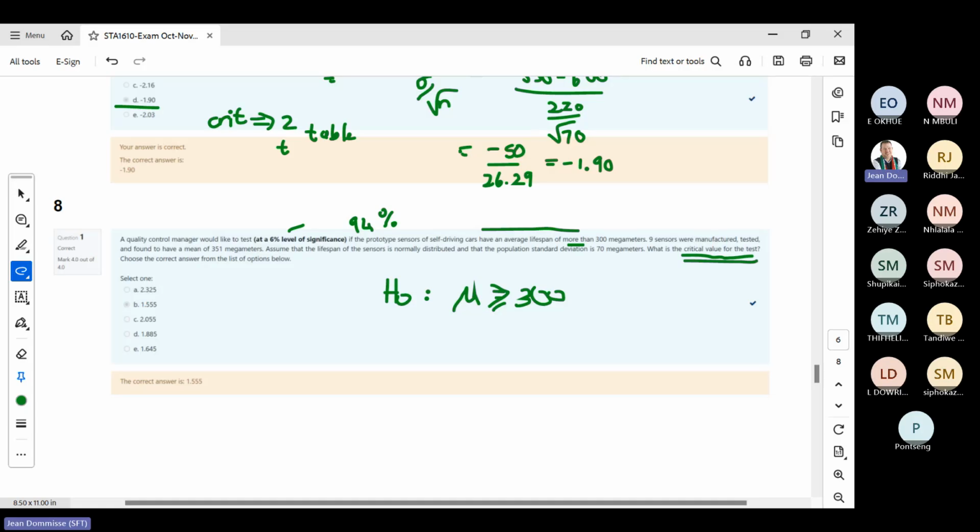94%, we don't have that on any table. But look what they're giving us. At the 95%, one tail, what is your critical value?